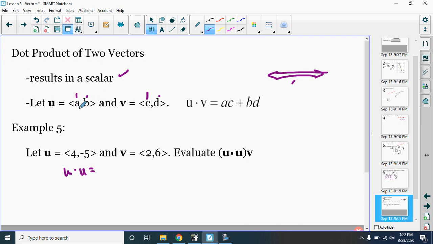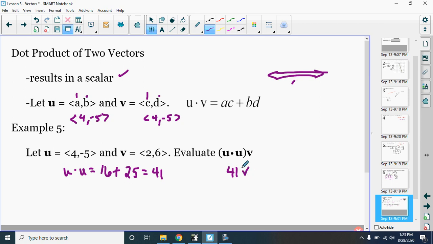So we would have 4 times 4 plus negative 5 times negative 5. Basically, we've got 4, negative 5, and then this one's 4, negative 5 because it's u times u. So AC is going to be 16, BD is going to be 25. So the dot product of u times itself is 41, and I want to multiply that by v.